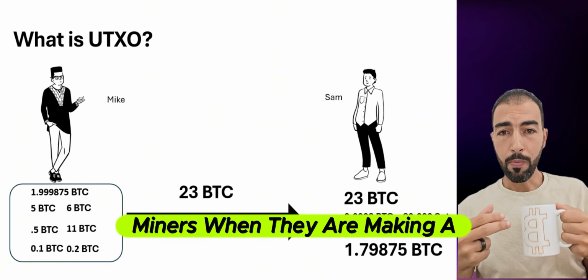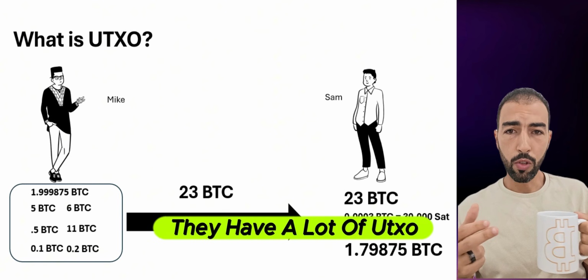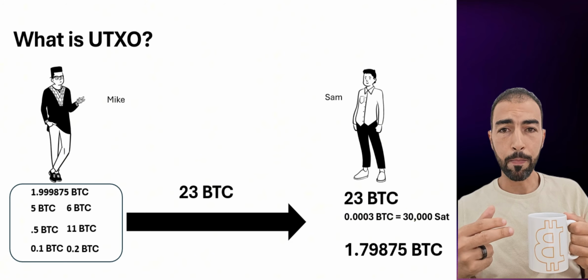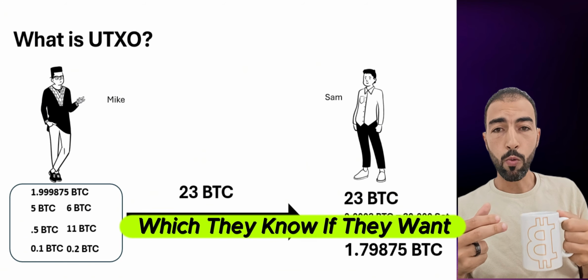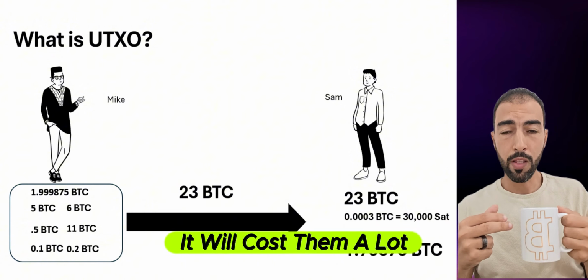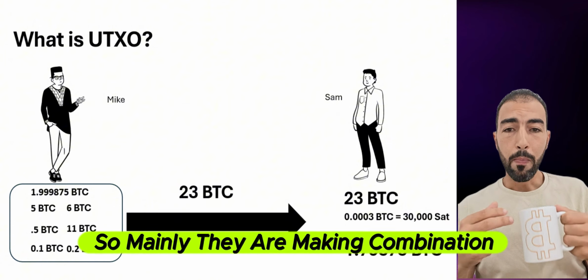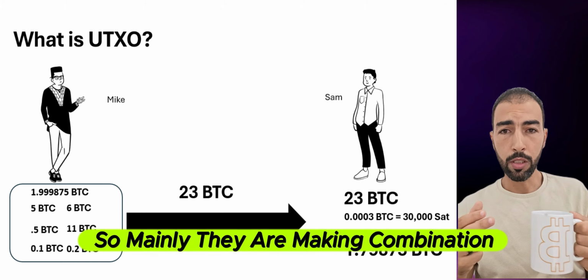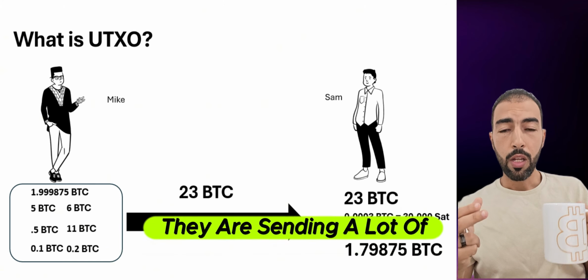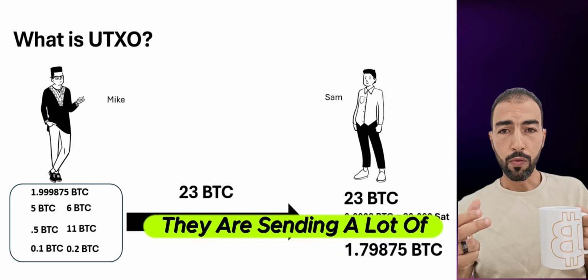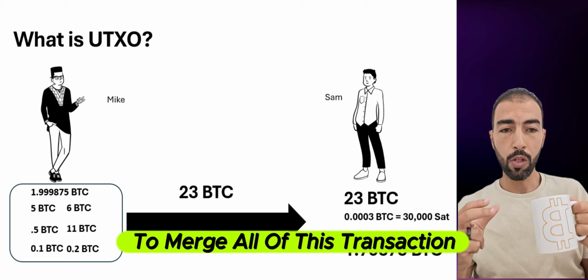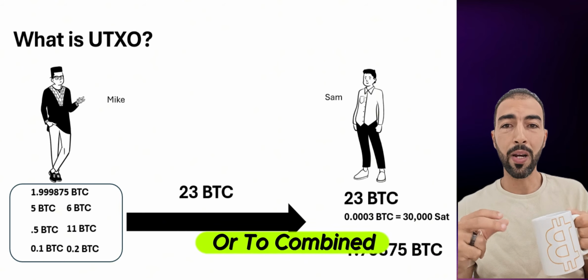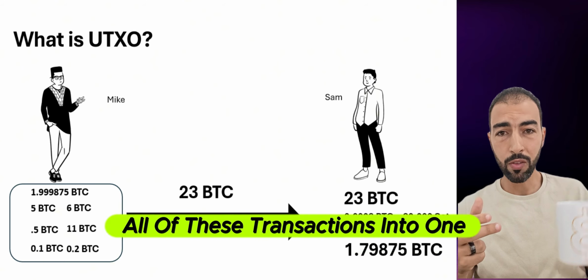Miners, when they make a lot of transactions, they have a lot of UTXOs, which they know if they want to make any transaction, it will cost them a lot. So mainly they make a combination. They send a bulk amount to themselves to merge all of these transactions into one transaction.